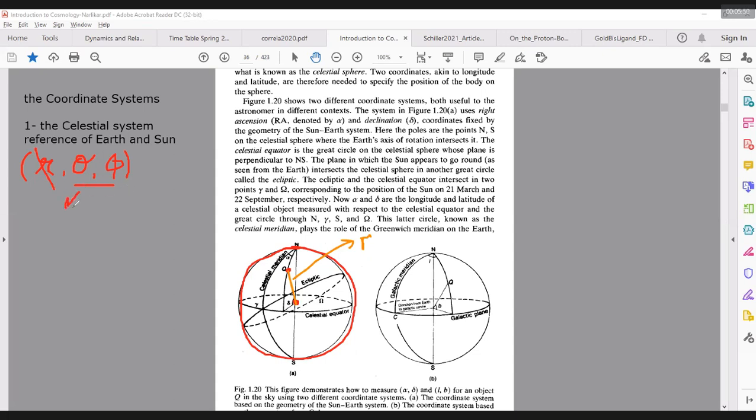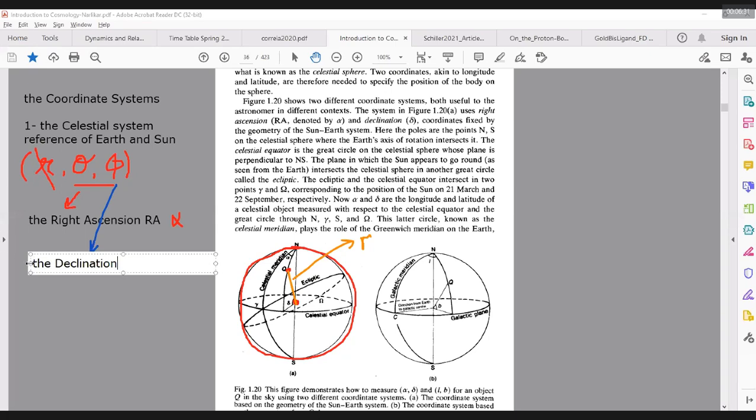Where theta is known as the right ascension. The angle is known as the right ascension with the symbol alpha. Whereas phi is known as the declination.